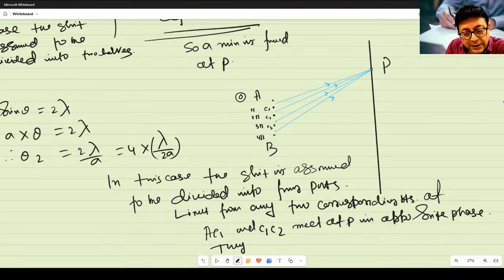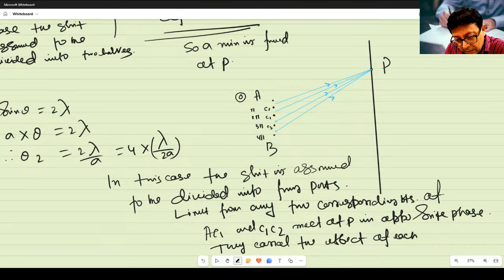They cancel the effect of each other. That's why minima will be there due to 2 parts.